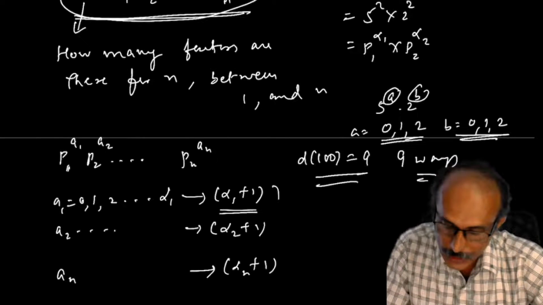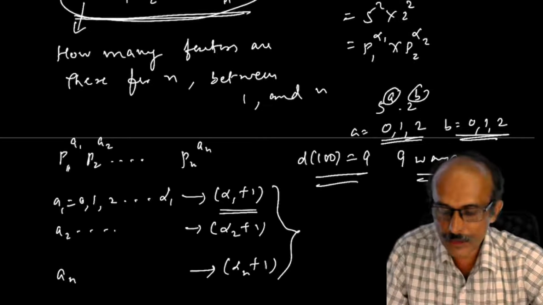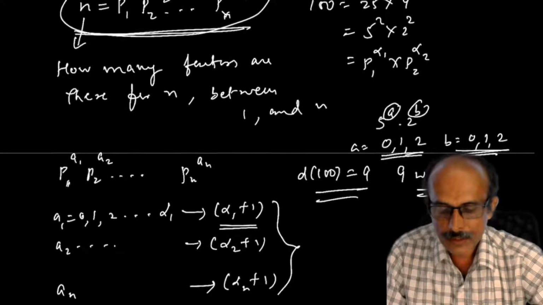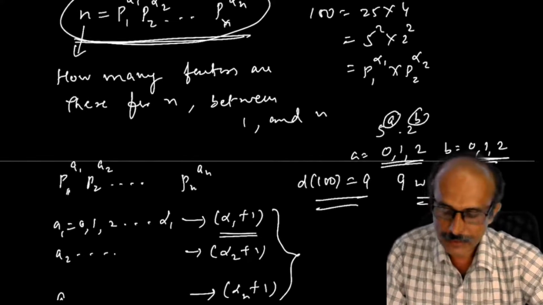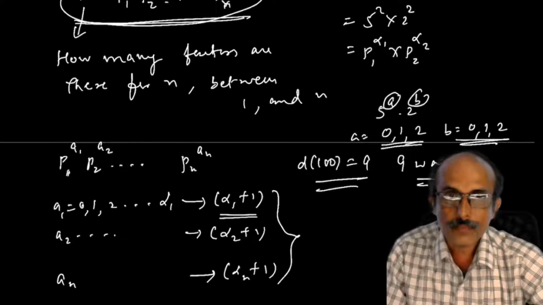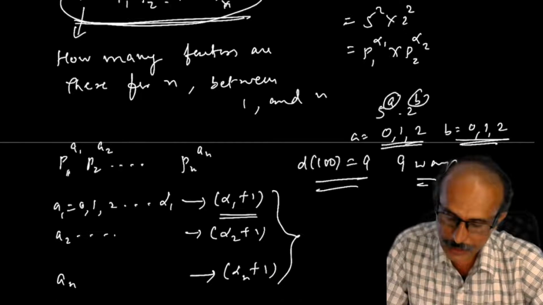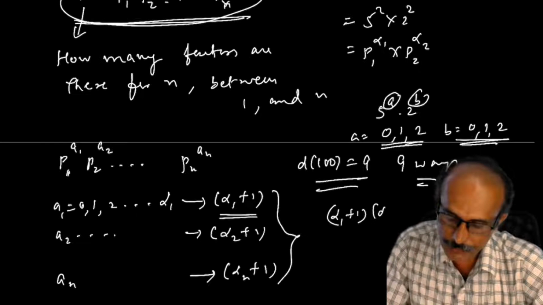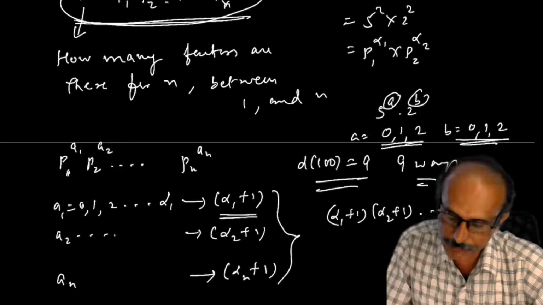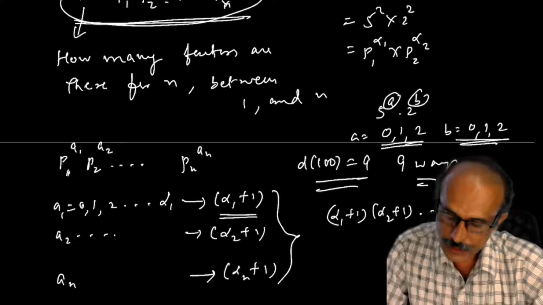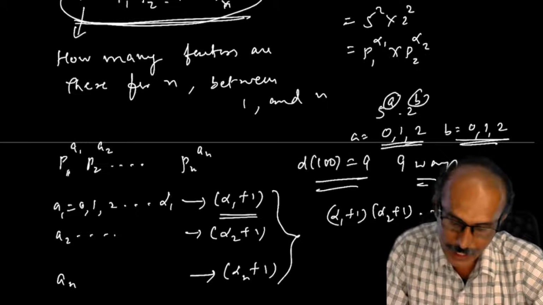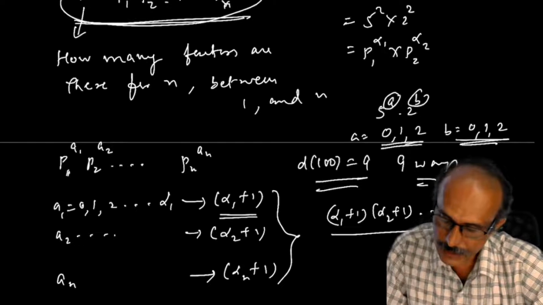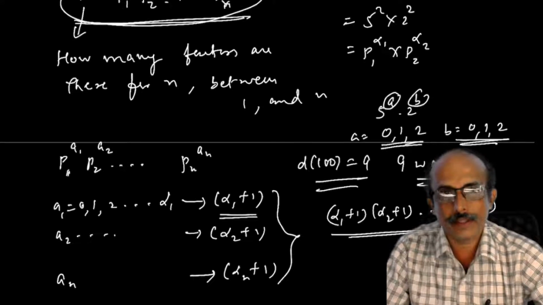So totally how many ways can we have these factors of n? That is given by the product alpha 1 plus 1, alpha 2 plus 1 and so on, alpha n plus 1. So the total number of ways of having the factors will be given by this, which is the required number of factors.